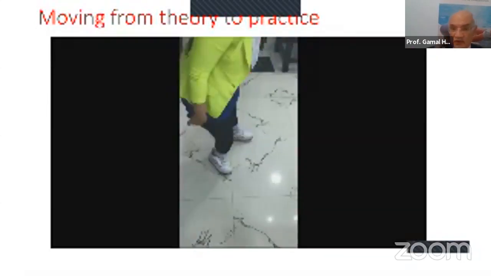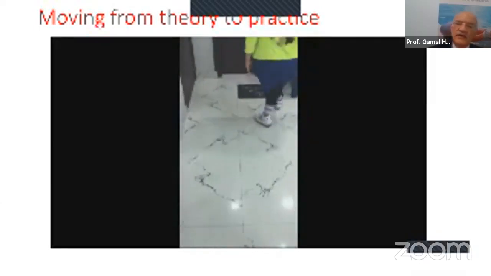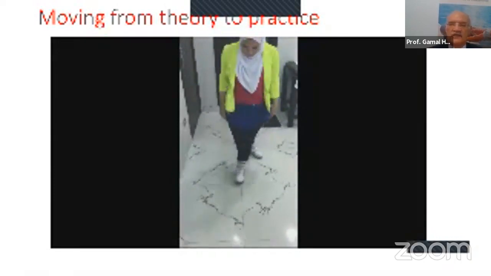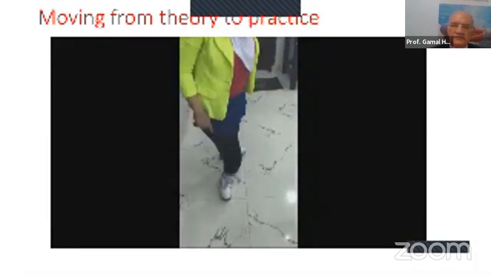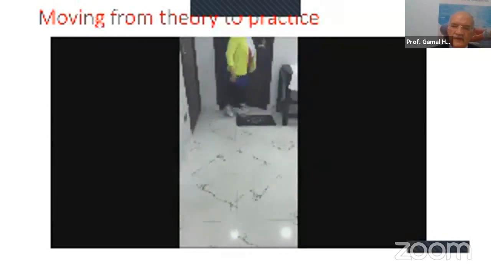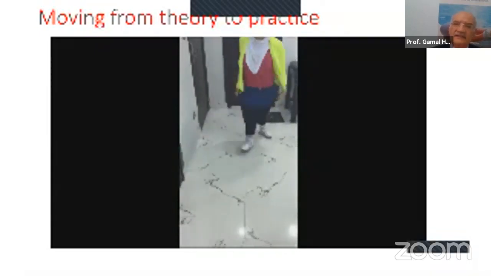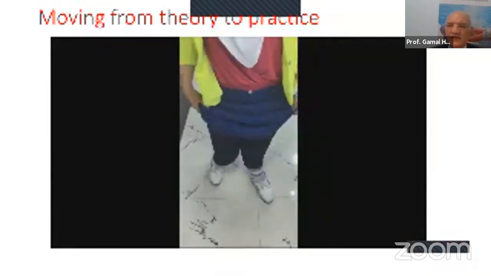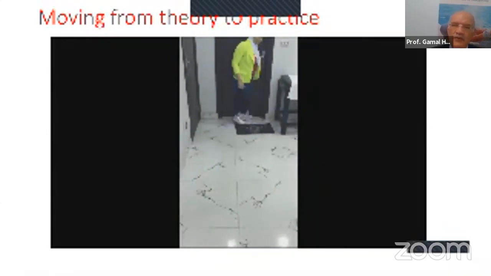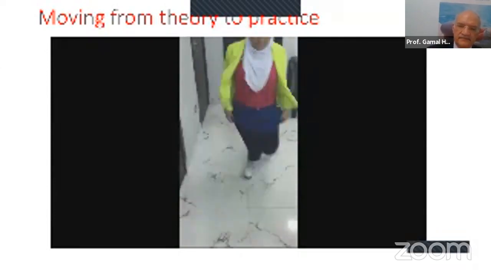Again, they say that if you have a one ray foot, the patient cannot have a shoe. Look at the patient with the sports shoes. The way she runs. Look. She's running. So again, most of the guidelines in the Western world are hypothetical guidelines.